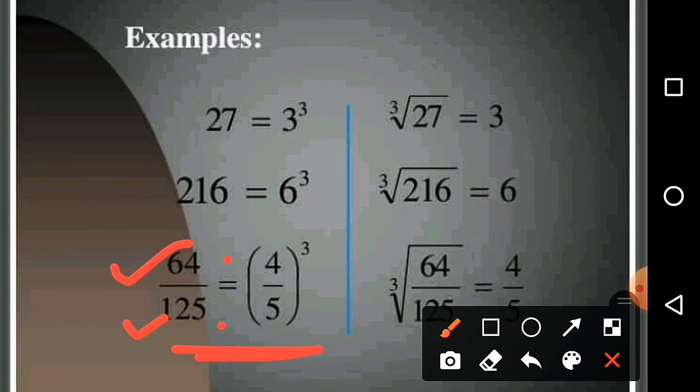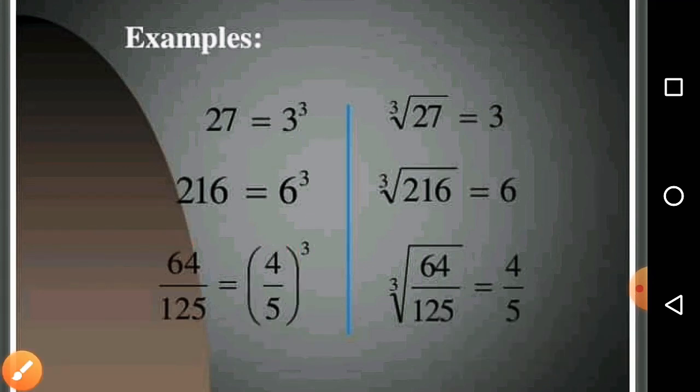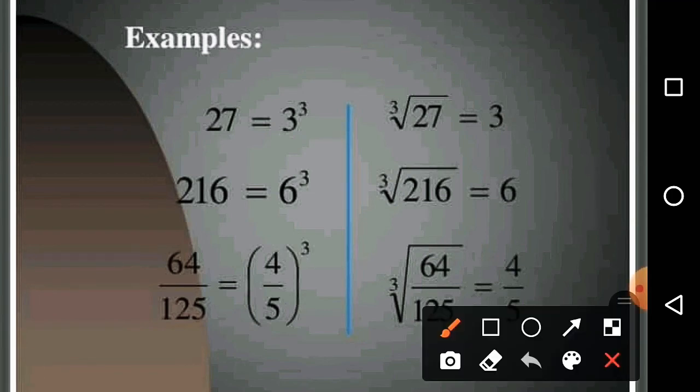So both are perfect cube numbers, so we can write it like this, 4 upon 5 and this whole raised to 3 means the whole bracket, both we have to multiply 3 times. In the numerator 4 three times and in the denominator 5 three times. So this way fractions also you can get. Similarly the cube root of this whole fraction, 64 upon 125, what will be the cube root?